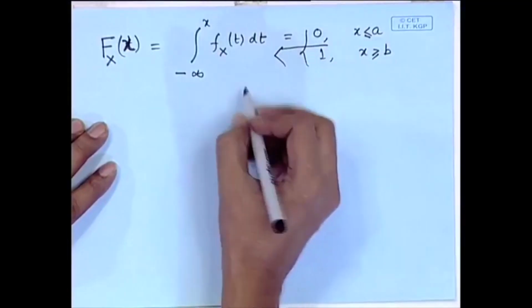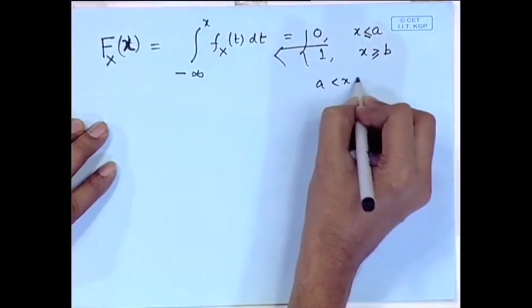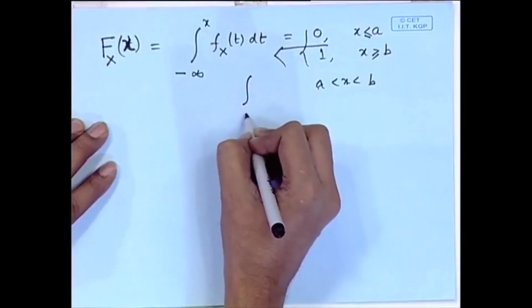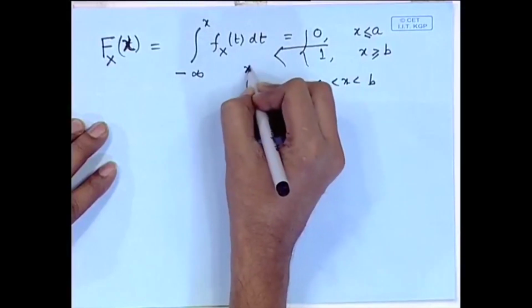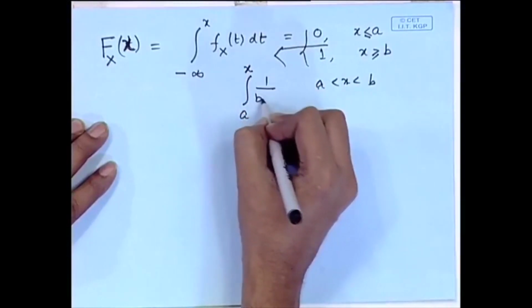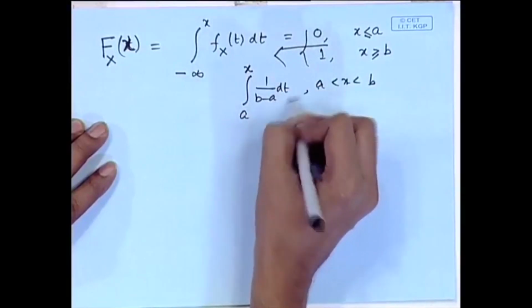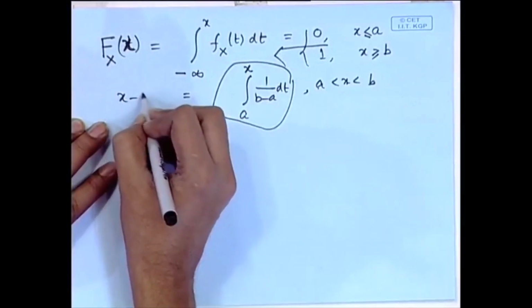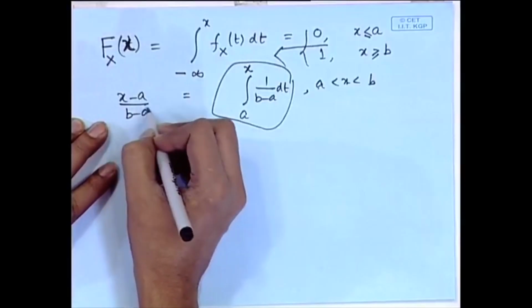However, if I am considering x to be between a and b, then it is the integral from a to x of 1 by b minus a dt, and this value is equal to (x minus a) by (b minus a).